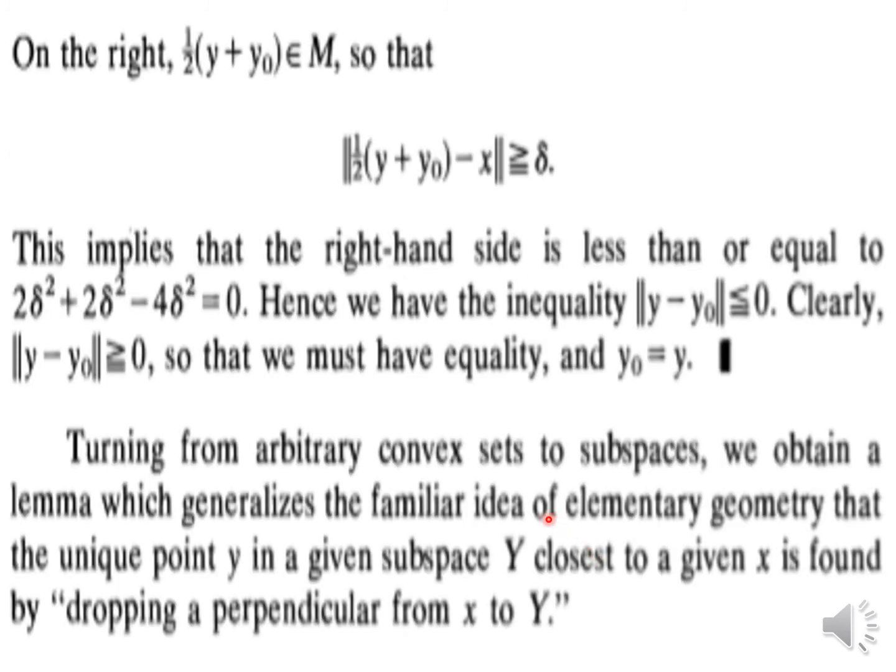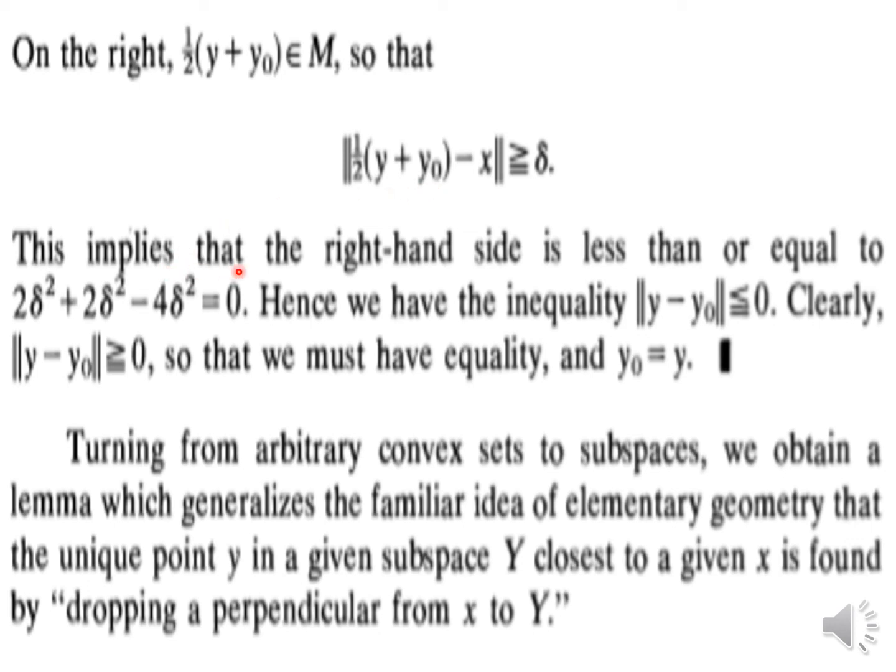Now 1/2 (y plus y naught) belongs to M, so the norm of 1/2 (y plus y naught) minus x is greater than or equal to delta.